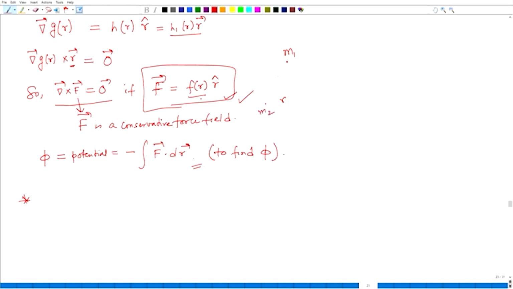What is the force with which this m2 is attracting m1? This is nothing but minus G m1 m2 by r cubed times r vector, that is, minus G m1 m2 by r squared times r cap, where this r cap is in the outward direction from m2 to m1. That is why minus r cap means it will be towards m2. Okay. So, that we all know.